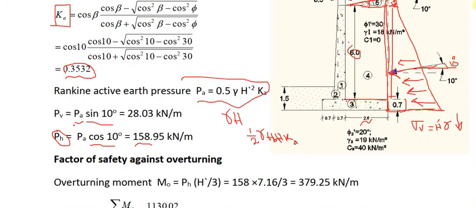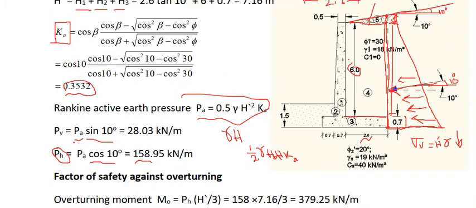After we compute the resultant of the active forces, we have to compute the forces from the weight of the concrete of the retaining wall. Here we have to divide the area into sub-areas.